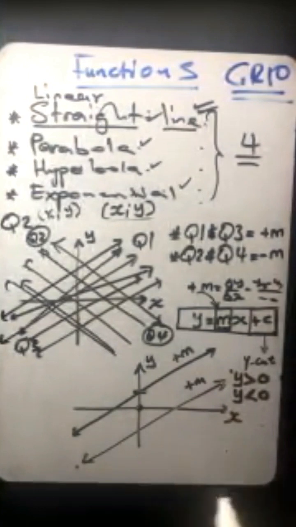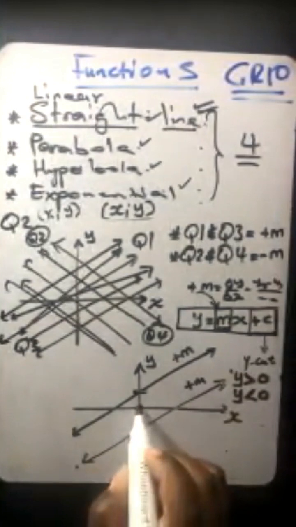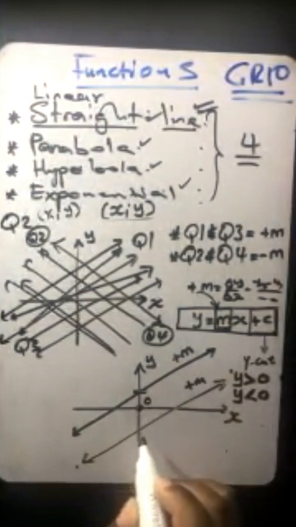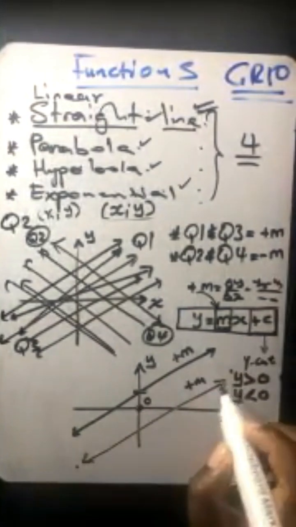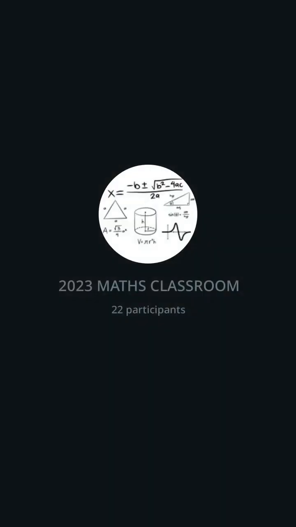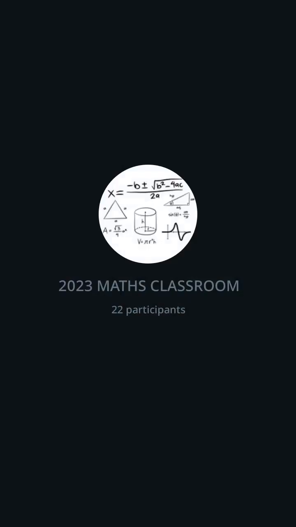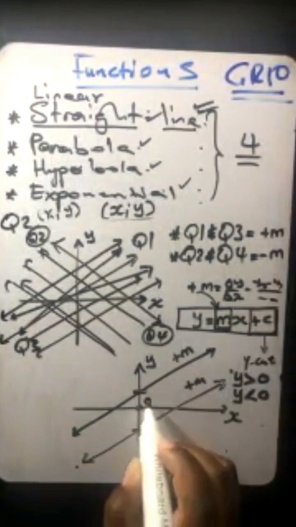So can you see? This is the 0 being the origin, and this cuts the y-axis below the 0.